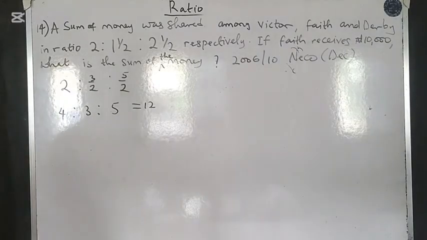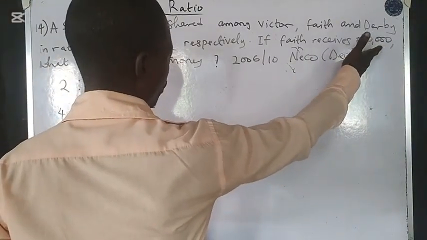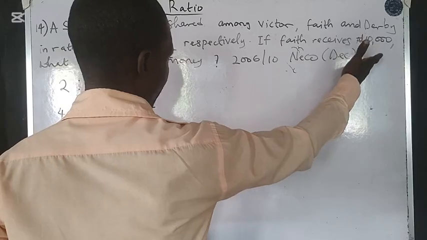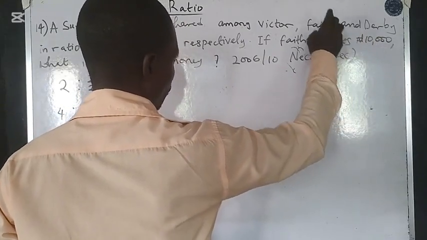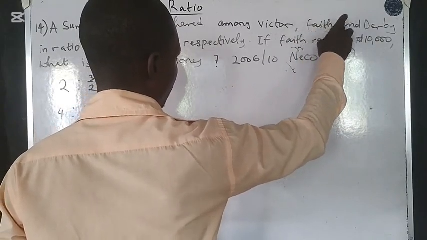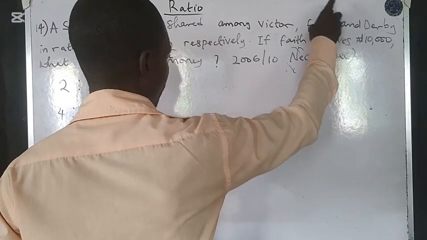So we are told that Faith received 10,000. So what is the sum of the money received? So what we do is to use the ratio of Faith, because we already know the value of Faith. Since we know the amount Faith received, we are going to make use of the ratio of Faith.